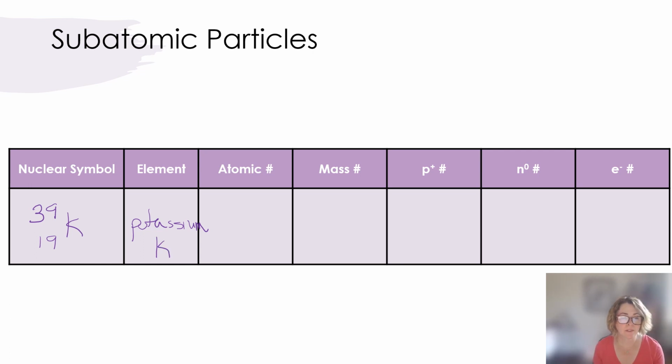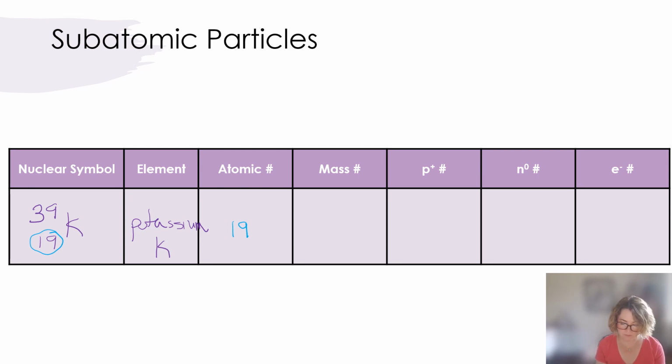Now the atomic number, remember that the atomic number is the identity of your element. That is always going to be given to you as a subscript. And so my atomic number here is 19. And if you double check your periodic table, you will see that as the number above the symbol.